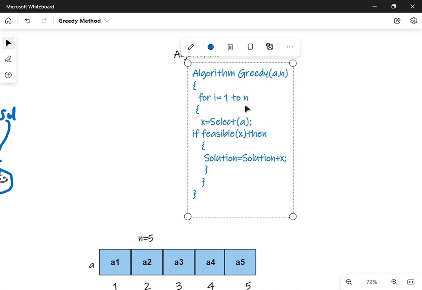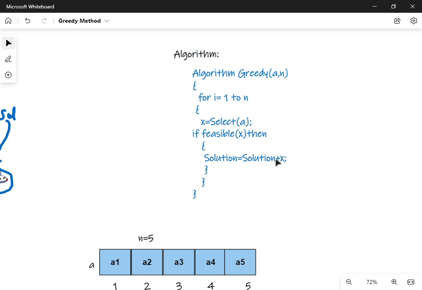From 1 to n, we can choose input values and select them in A like this. If our given input is feasible, then the solution will be feasible like this. So it's quite simple.